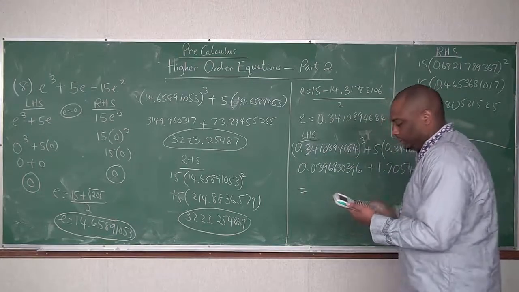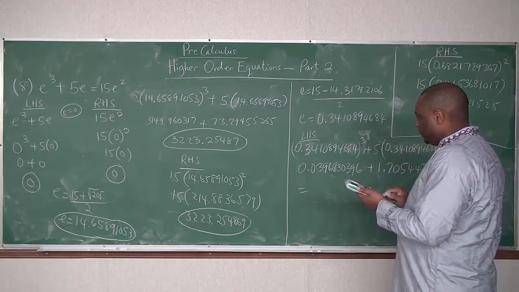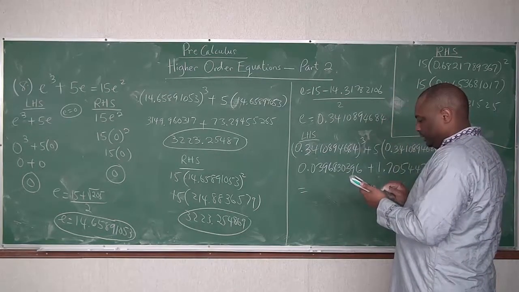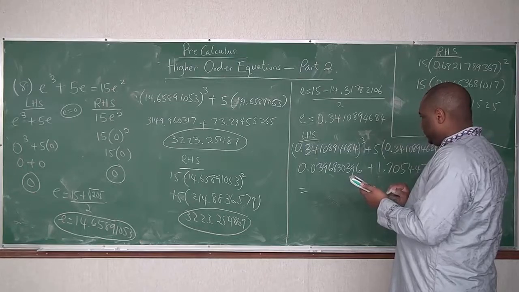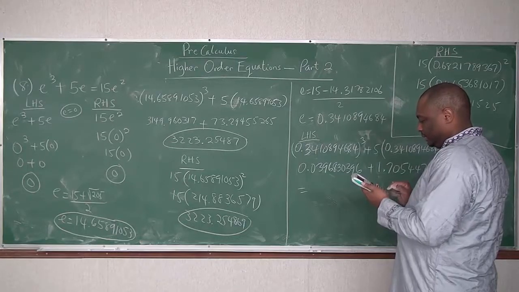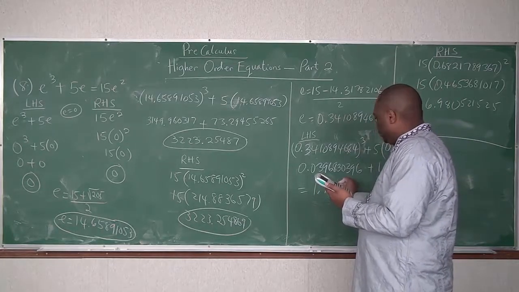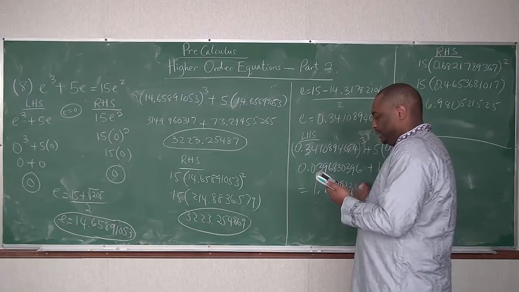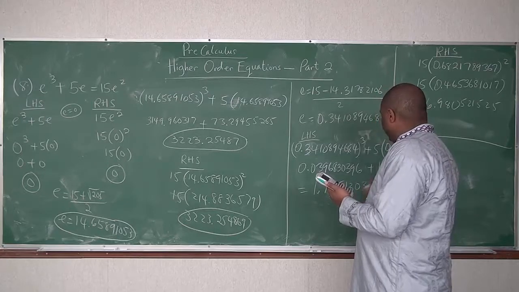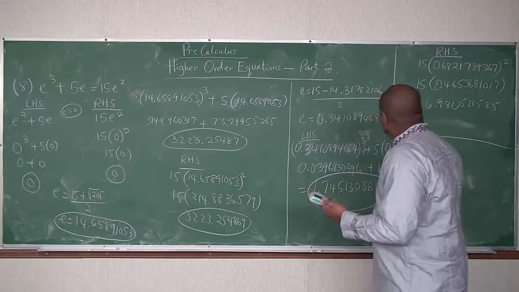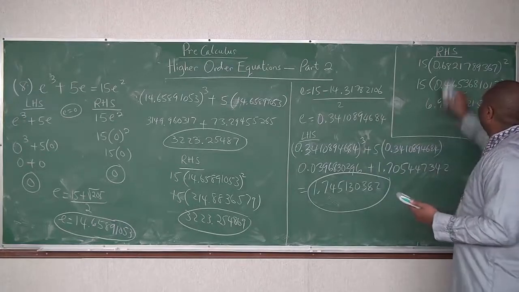And that is what now? This plus 0.0396830396 is 1.745130382. Okay?